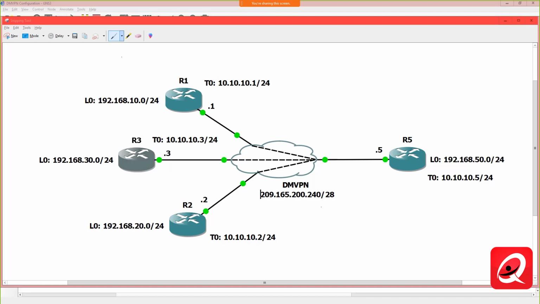Because the topologies in EIGRP and NHRP and BGP are just arbitrary. That's why we can do summarization wherever we want, and default routing wherever we want, and so on. So those are some of the considerations to take into account.